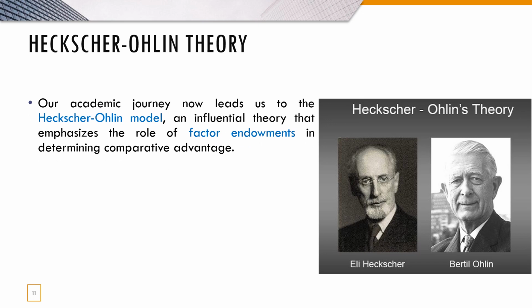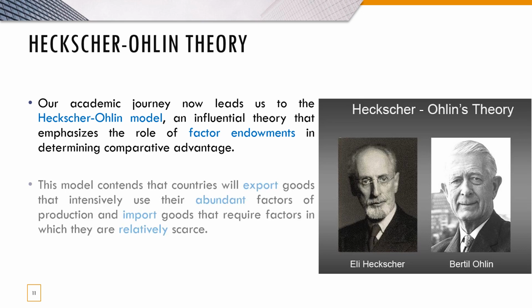Now, our academic journey leads us to the Heckscher-Ohlin model, which is an influential theory that emphasizes the role of factor endowments. Take note, factor endowments in determining comparative advantage.